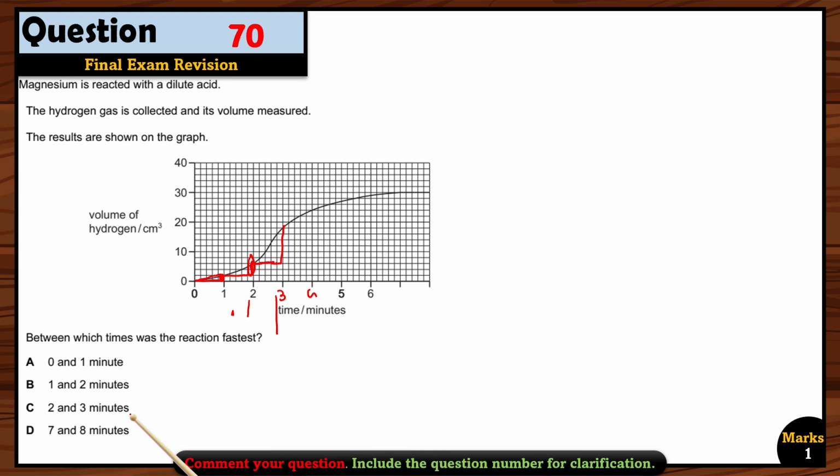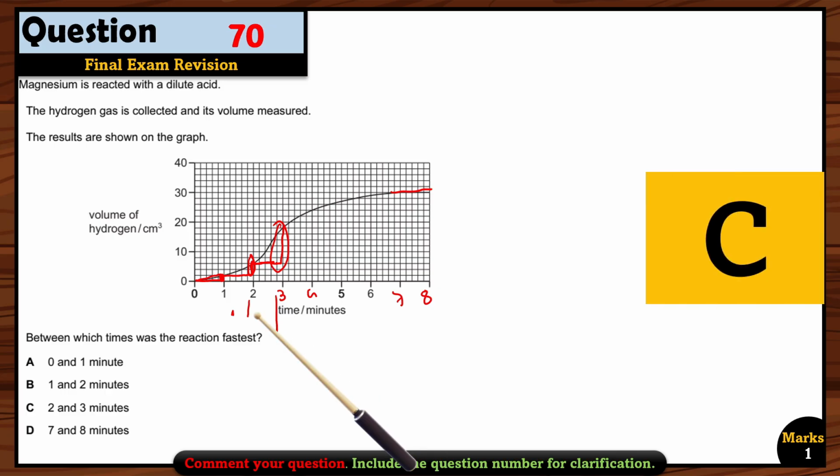Now for 7 to 8, if you see, this line is straight. So this is the tallest line. It means from point 2 to 3, the reaction was the fastest. That's why option C is the right option.